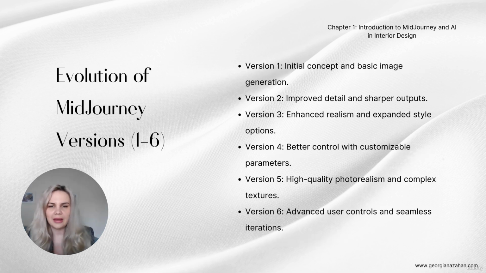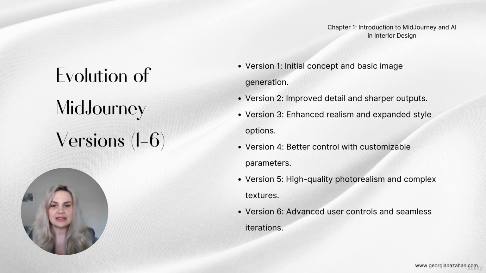Let's take a step back and look at how far MidJourney has come. Version 1 was like a baby AI. It had potential but needed help. Version 2 got more accurate. By version 3, we started seeing sharper images with better proportions and color use. Then version 4, boom, massive jump in quality. Suddenly the lighting made sense, materials looked touchable, and rooms had realistic depth.